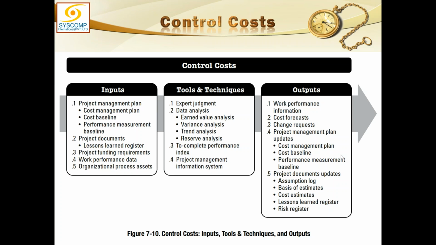In case of project management plan and project document, we will be updating the assumption log, basis for estimate may also change, cost estimate may also change, lesson learned register may also change, risk register may also change. But the cost baseline, if changed, would impact the subsequent future working of the project, because now the new cost baseline will be created. The S curve will be amended according to whatever the changes have been brought in, if the change request is approved.